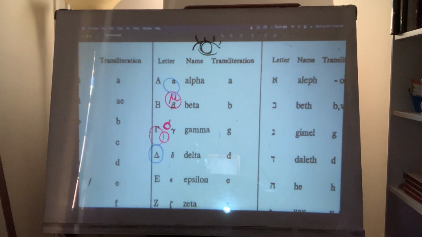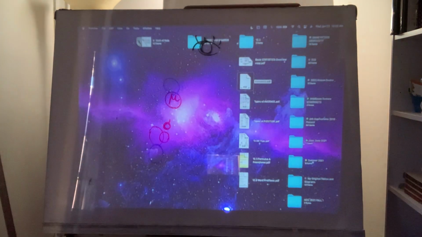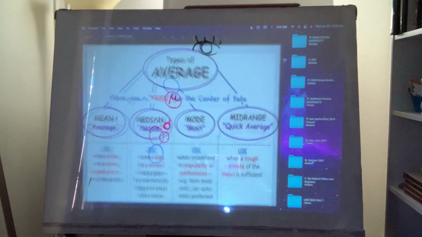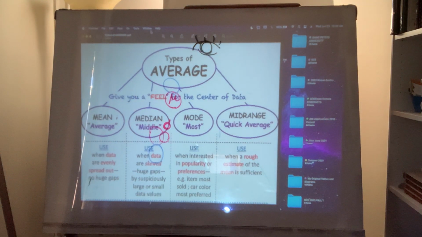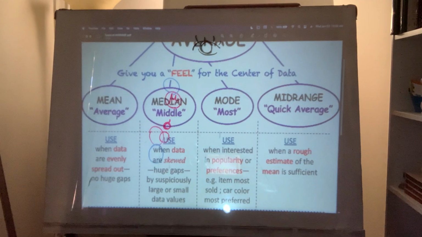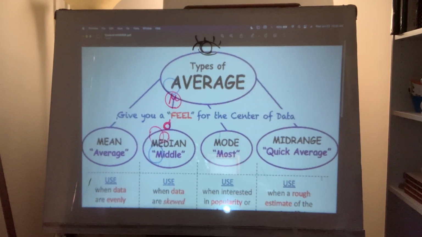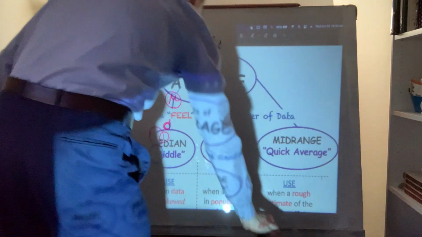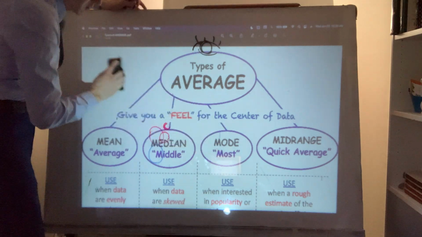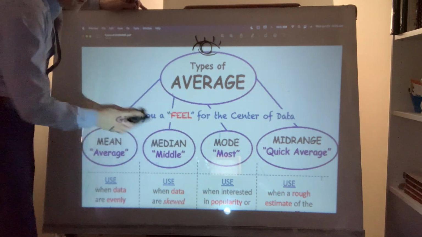All right. So let me get out of here and go to types of averages to explain this diagram. Okay. All right. What is the purpose of an average or measure of central tendency?